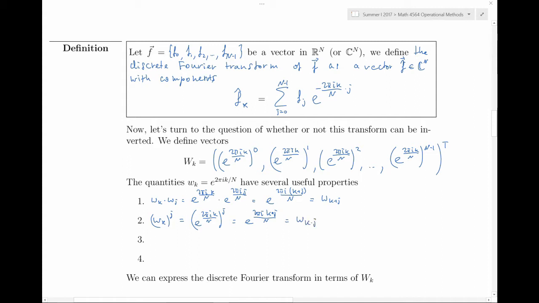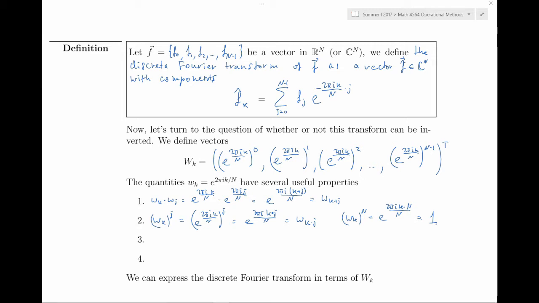So you see the numbers w have logarithm-like properties. In particular, any wk raised to the power capital N is going to be e to the 2 pi i k times n over n, so it's going to be e to the 2 pi i k, and as a complex number this will always be 1, just like any number raised to the power of 0.